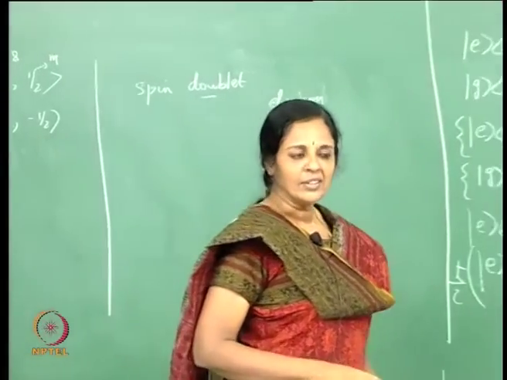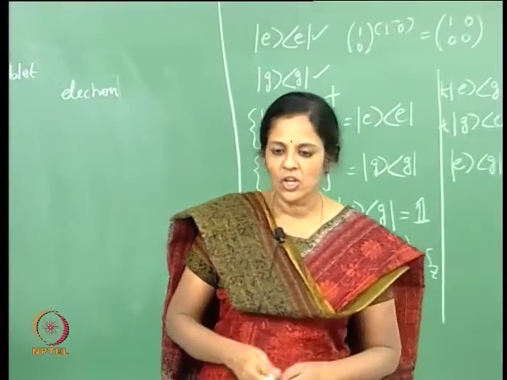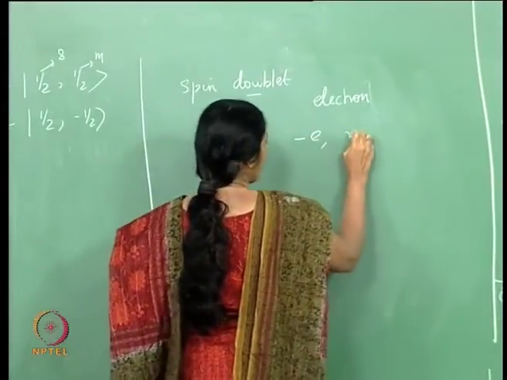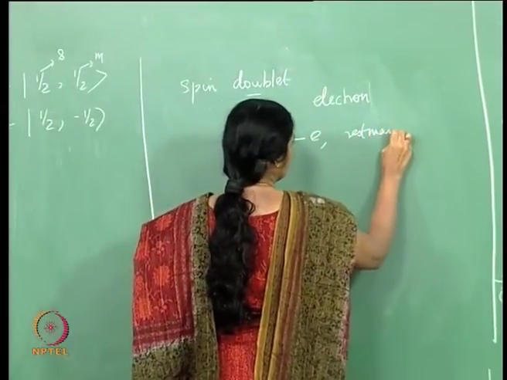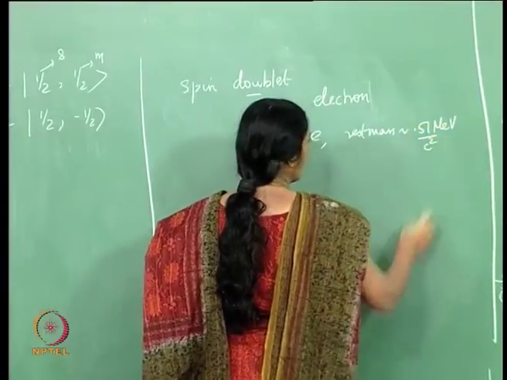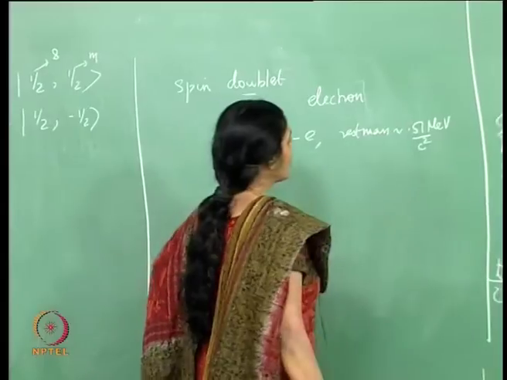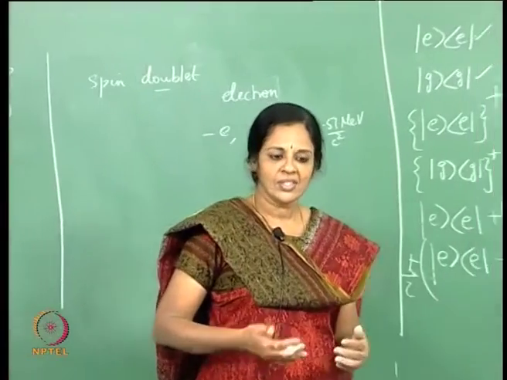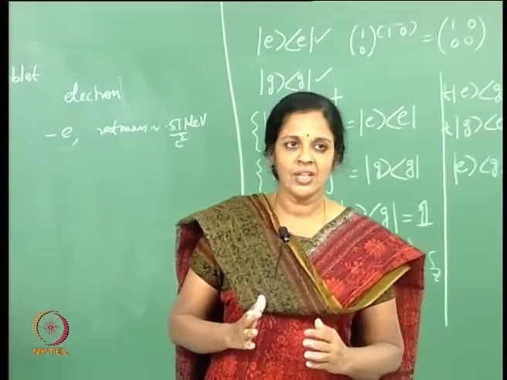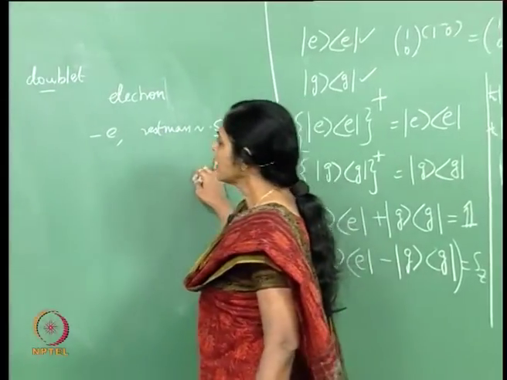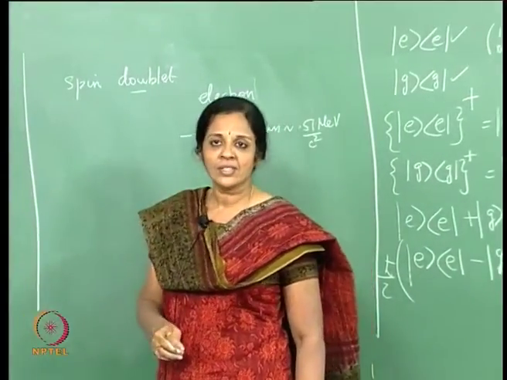An elementary particle which has got charge minus e and rest mass approximately 0.51 million electron volts by c squared, where c is the velocity of light in vacuum. Even as the electron's attribute is minus e for the value of charge and a rest mass with this value, it can exist in two spin states.